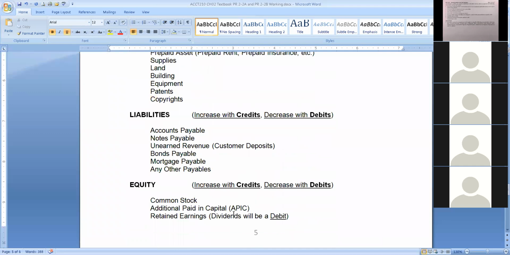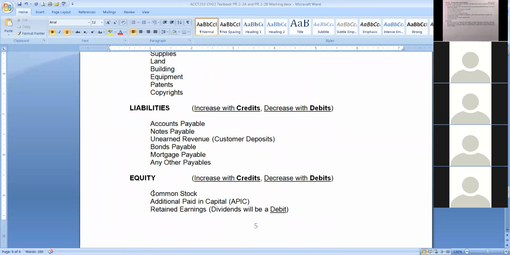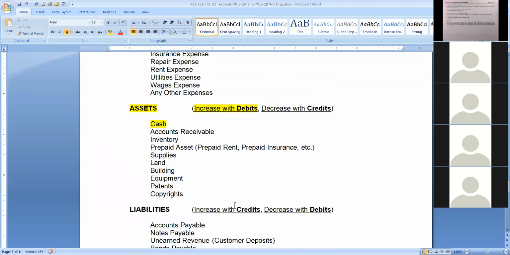While we're here, we may as well go to the equity section. And common stock is an equity account. So common stock will be the credit and cash will be the debit.